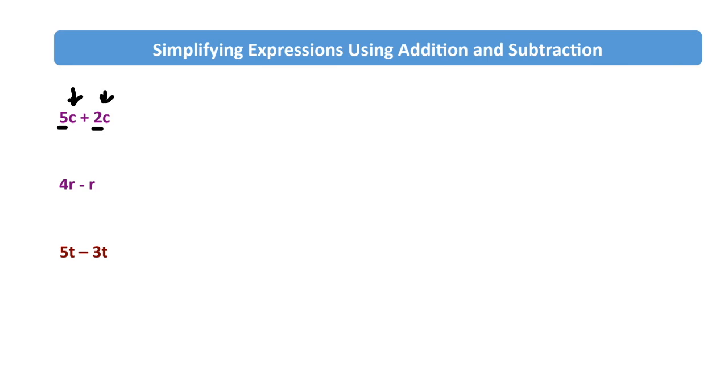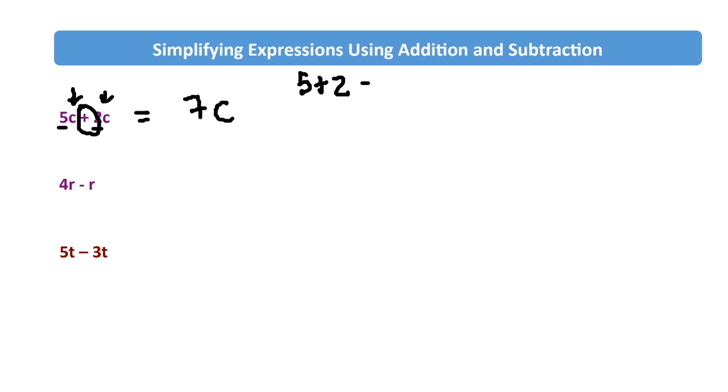So all we have to do is add the coefficients in front. So in your calculator, if this is something that you're not able to do in your head, that's totally fine. But for these examples, we have 5 plus 2, so we have 7c. So I'm taking the 5 and the 2, and I'm doing the operation it's telling me to do. I did 5 plus 2, gave me that 7, and that gave me the 7c.